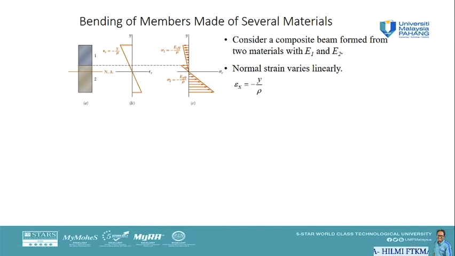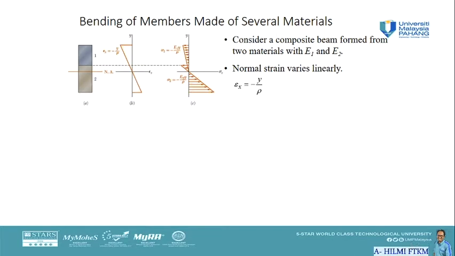But we cannot assume that the neutral axis of this cross section passes through the centroid of this composite. Basically, one of the main objectives in this topic is to determine the location of the neutral axis of a composite member.